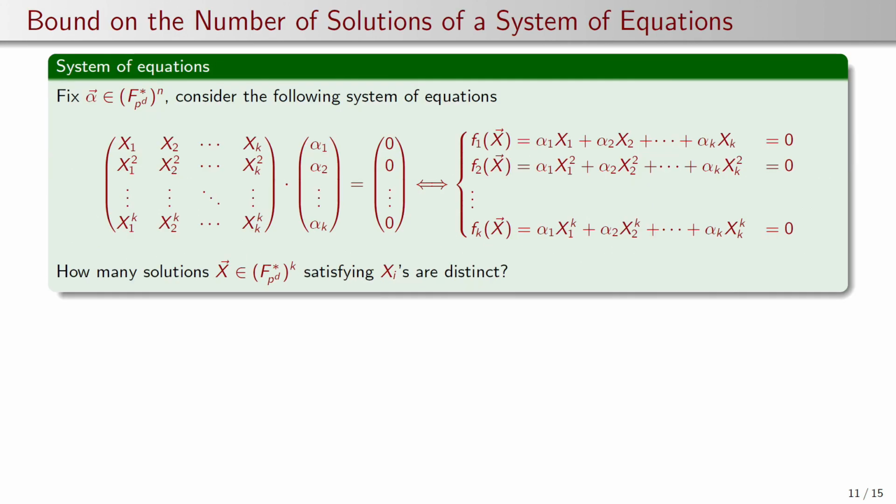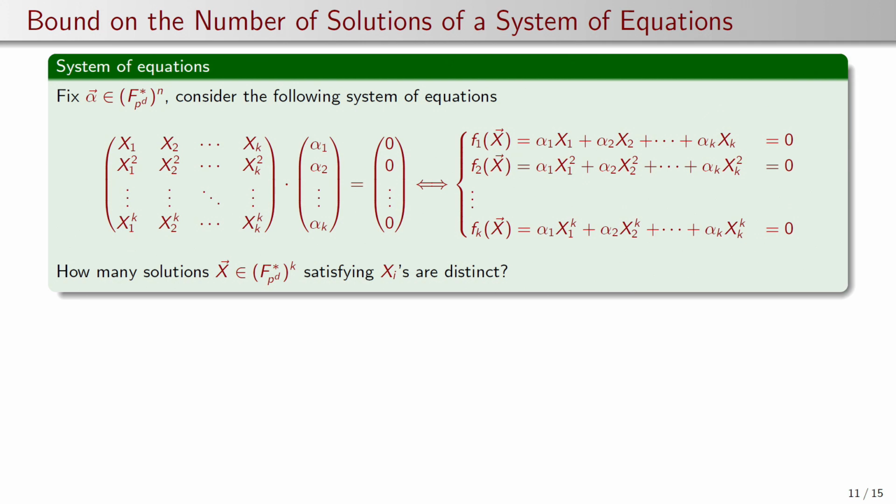Okay. Let me highlight the key technical ideas in our paper and how they differ from the proof over prime field. The key thing here is to bound the number of solutions of a system of equations. So we fix a vector alpha in (F_p^*)^d to the k.